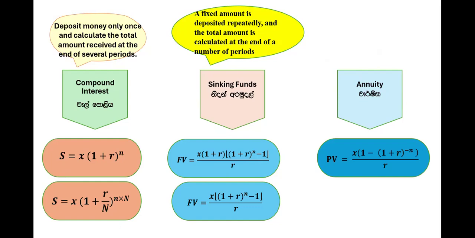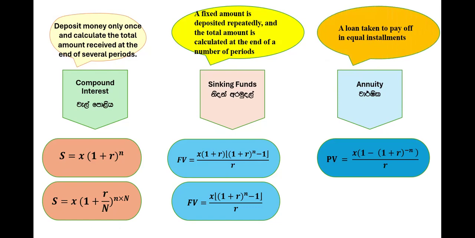Then you will have to use the sinking fund. Right, next. Annuity. A loan taken to be paid off in equal installments. If we get a loan and pay equal installments, it is called an annuity.